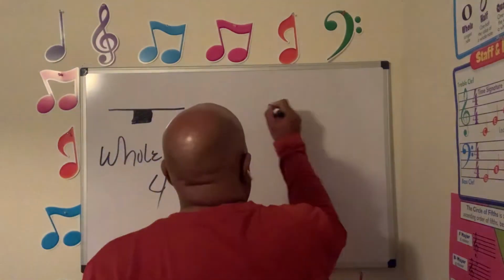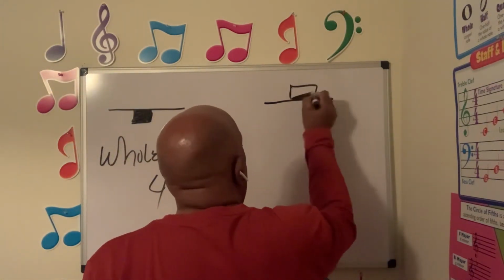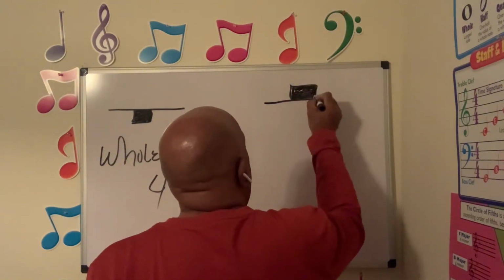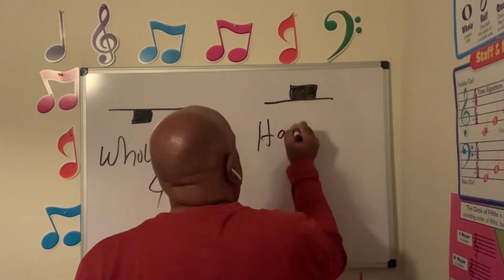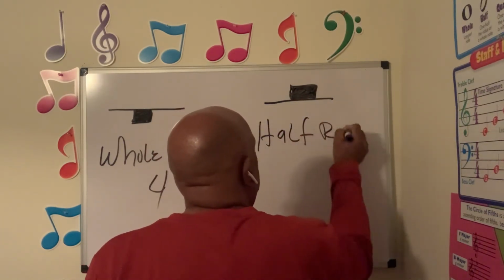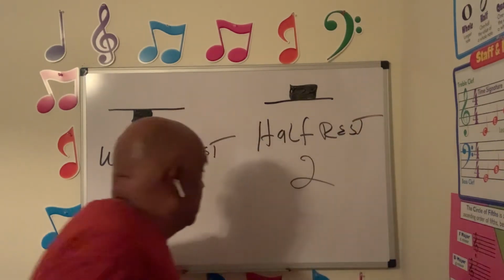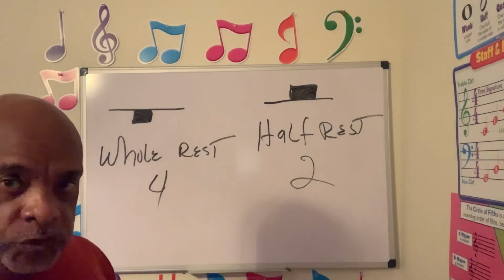Let's look at the half rest. All right. The half rest is on top of the line on the staff. Now the half rest is going to get 2 beats like the half note.